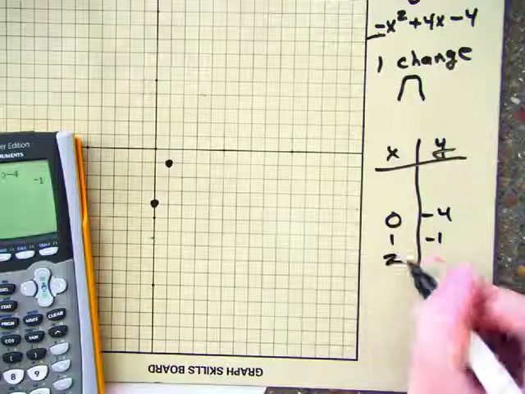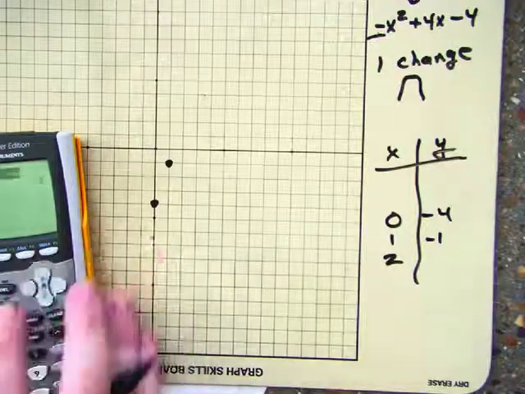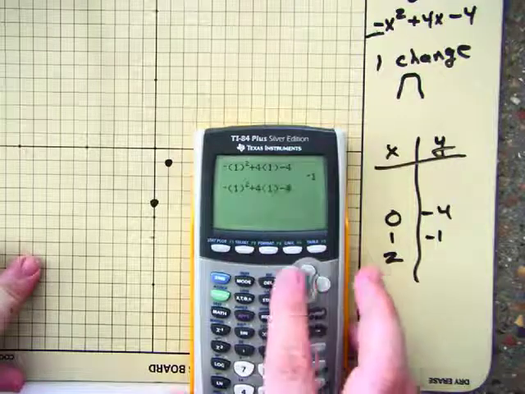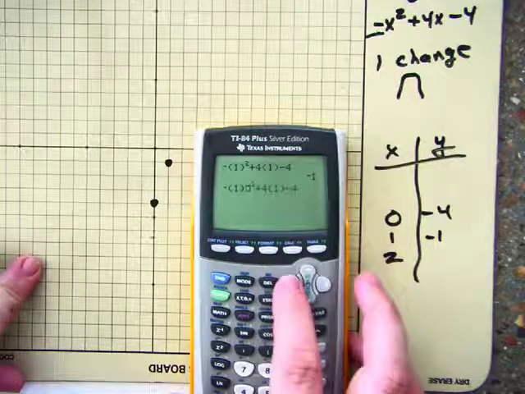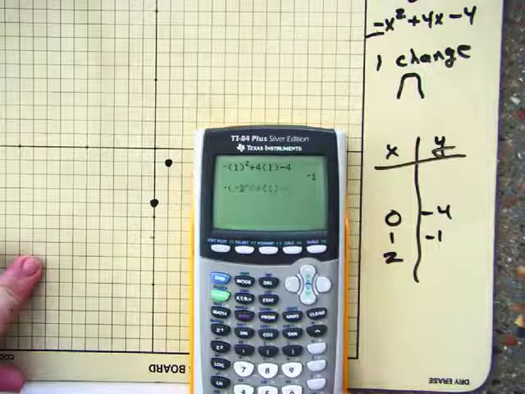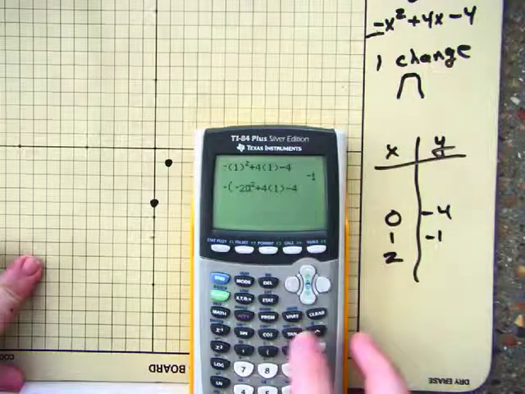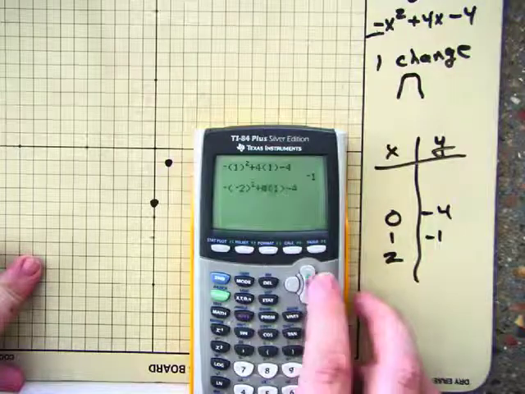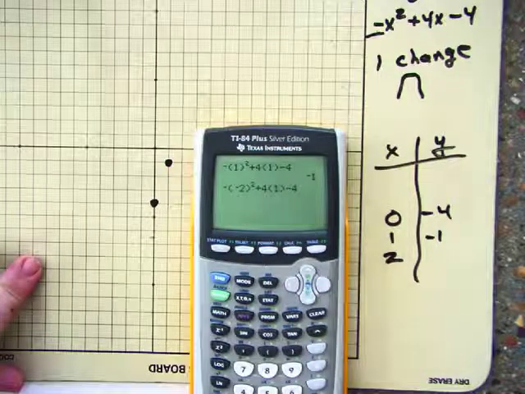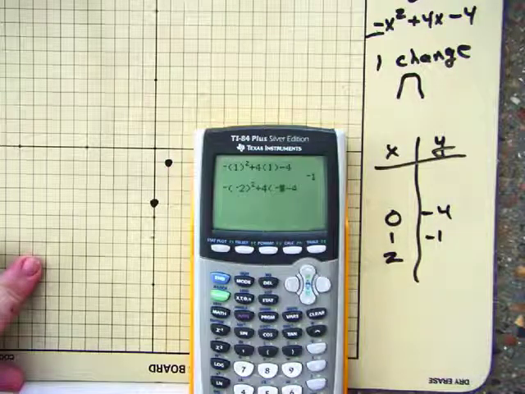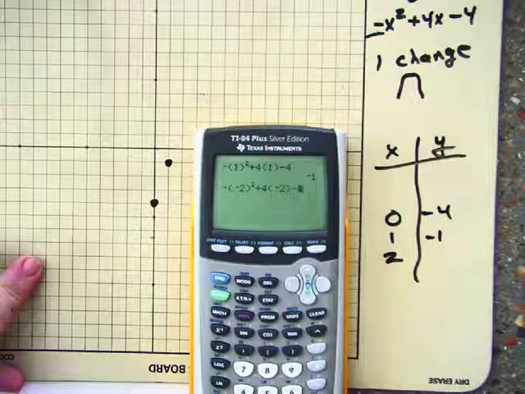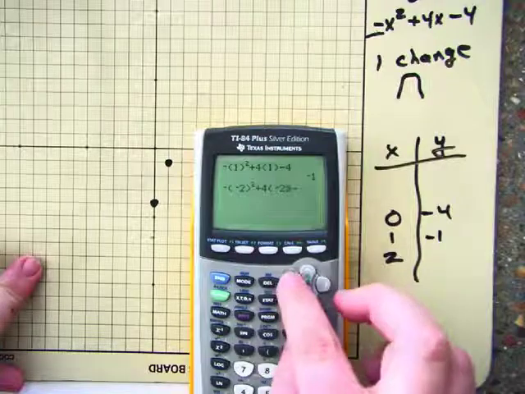What happens when we get to 2? Let's just plug in 2 and see what happens. Oh, excuse me, I'm doing -2.